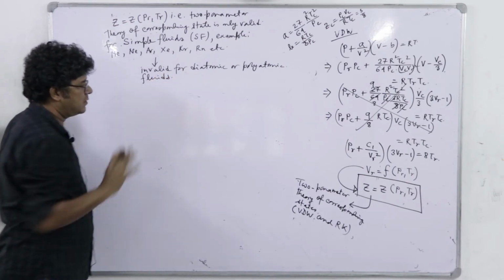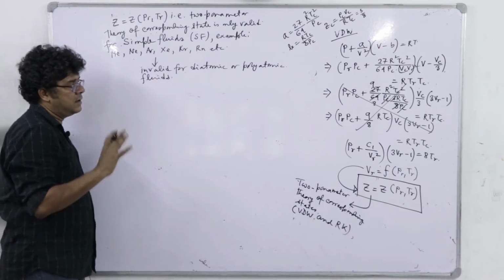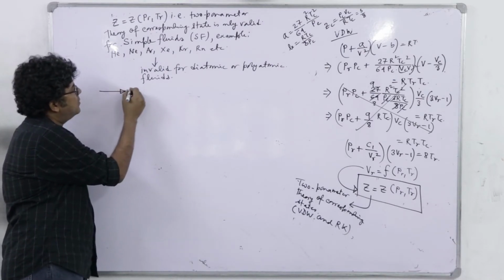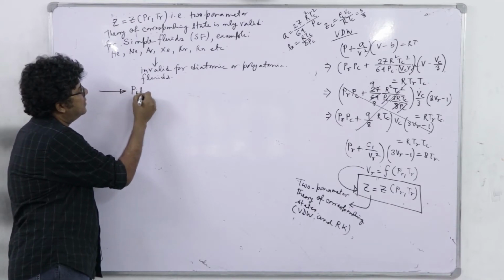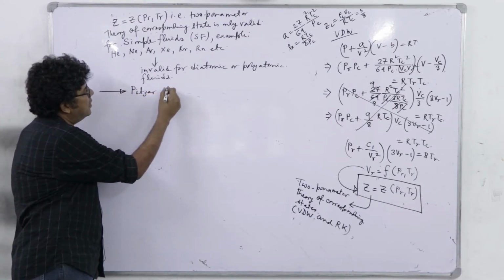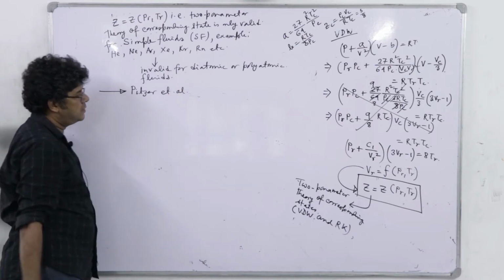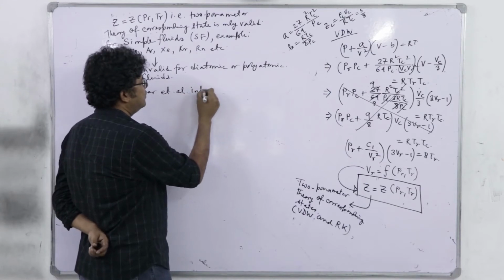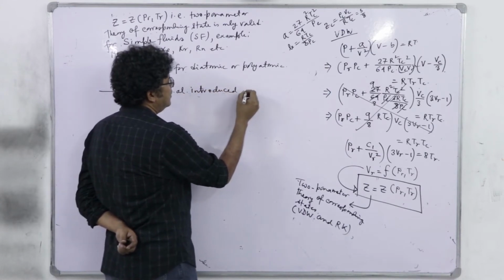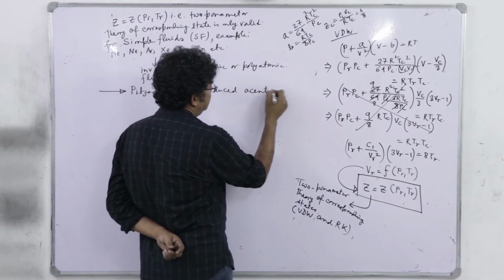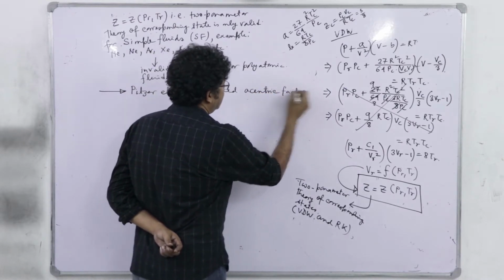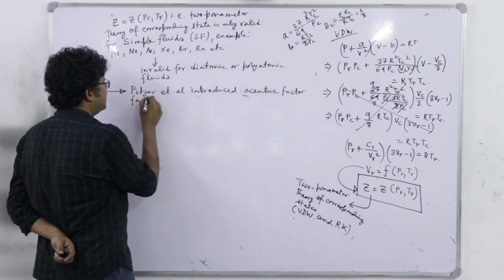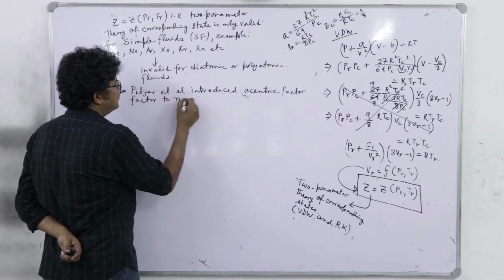So, this was the discrepancy for this two parameter theory, and that was solved by Pitzer et al., right. Pitzer et al. introduced the acentric factor to resolve the issue.